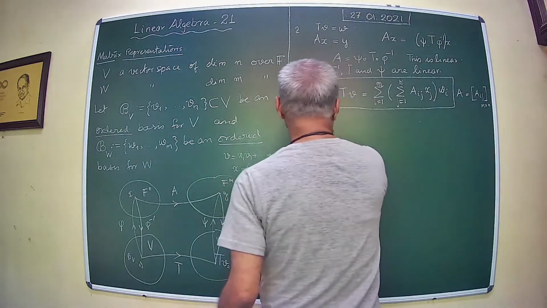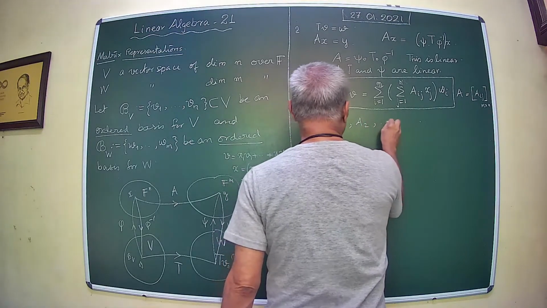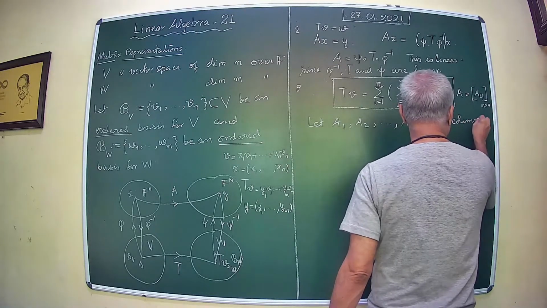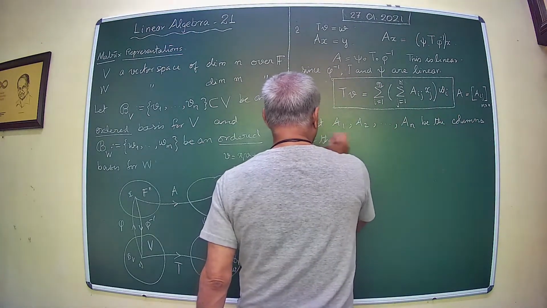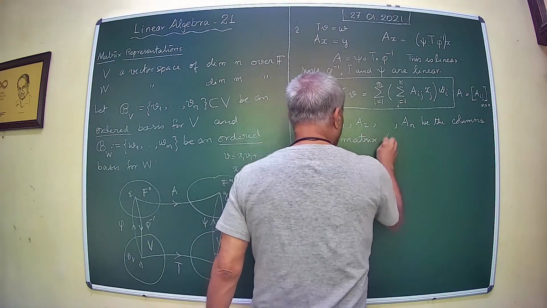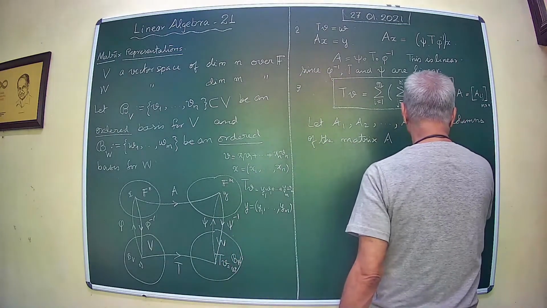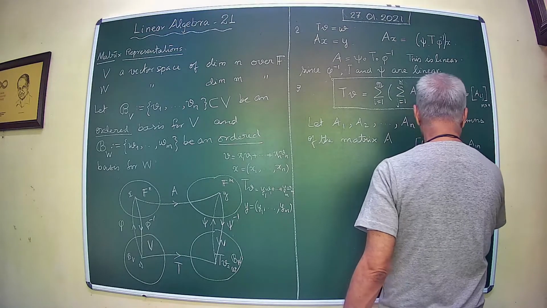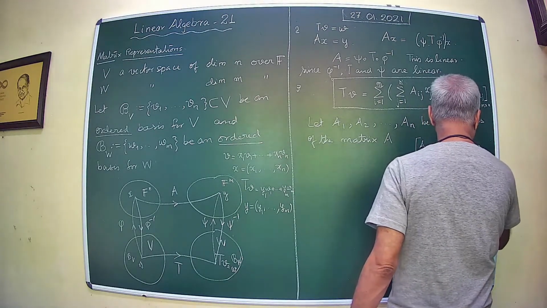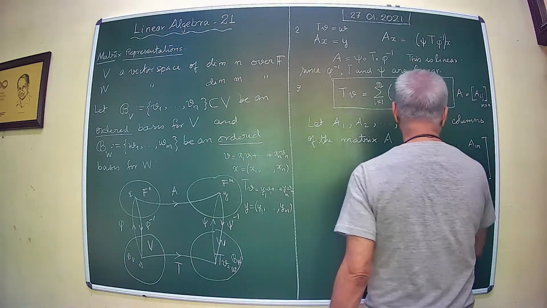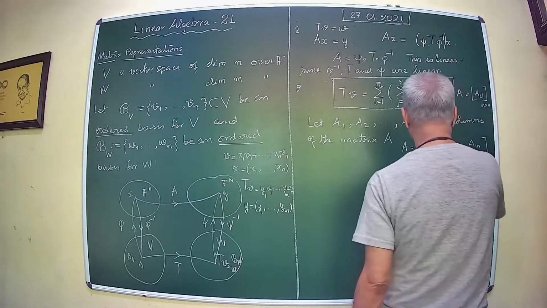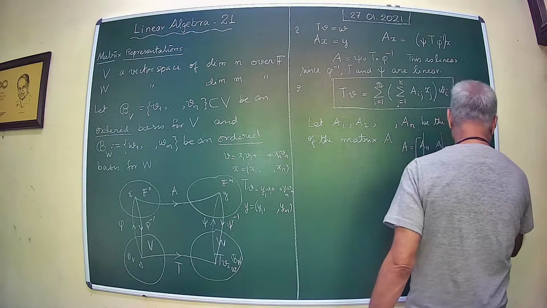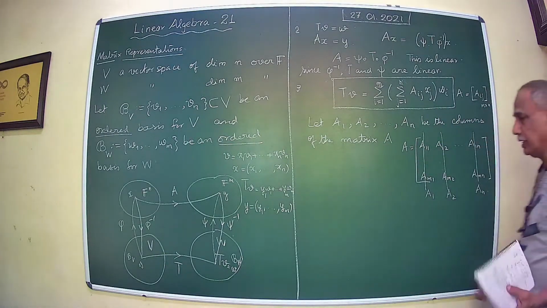Now let columns of the matrix, that means you have got A11, A12, ... this is your A. Now you see that this is the first column, A1, this is the second column, this is the nth column. So the jth column is given by Aj.